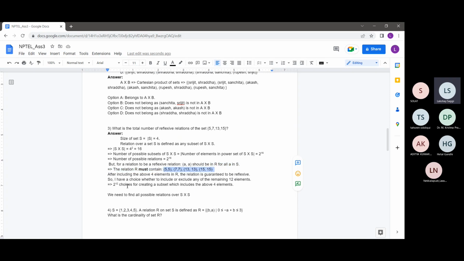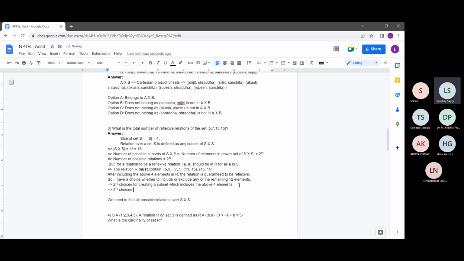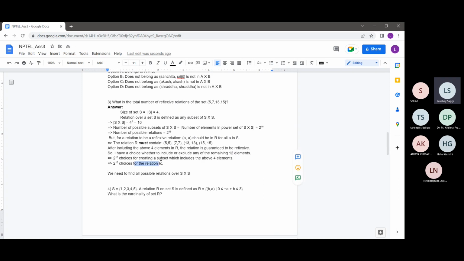So I have 2 to the power 12 choices for creating a subset which includes these 4 elements. I guess this is clear. This corresponds to the number of ways I can define the relation. So from this we see that there are 2 to the power 12 choices for the relation R.